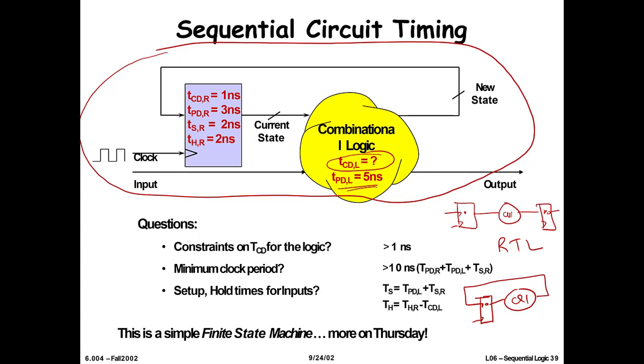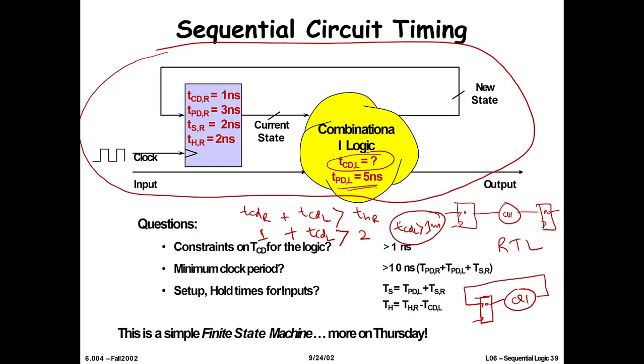From equation 1, TCD of R plus TCD of L, which is combinational logic, should be greater than T hold of R. If you plug in the values, TCD of R is 1 plus TCD of L is unknown, it should be greater than T hold, which is 2. So you can easily find that TCD of L should be greater than 1 nanosecond.